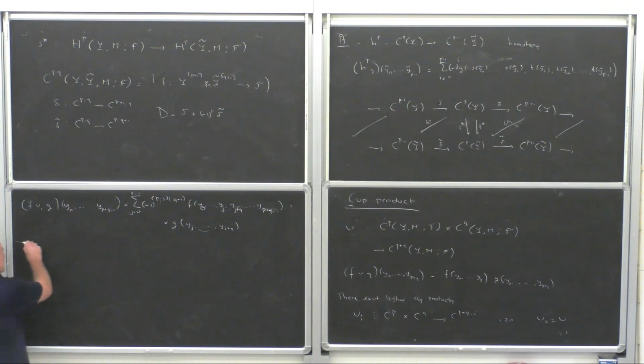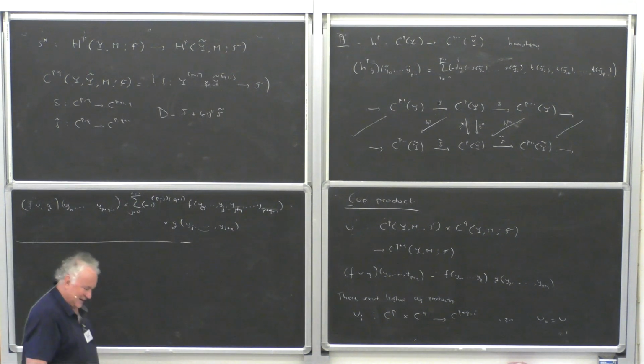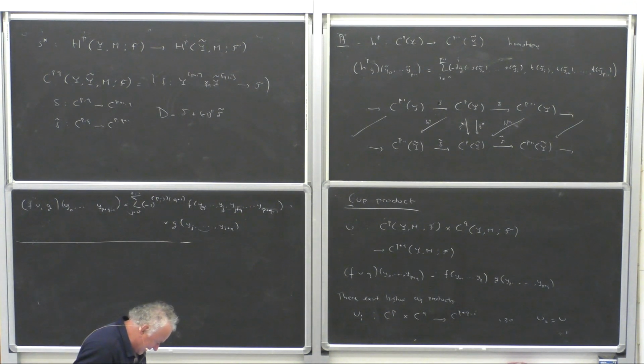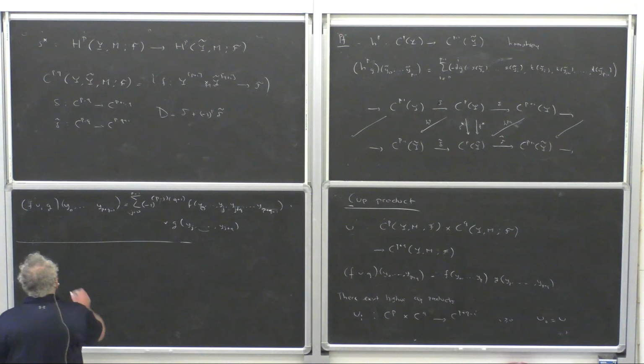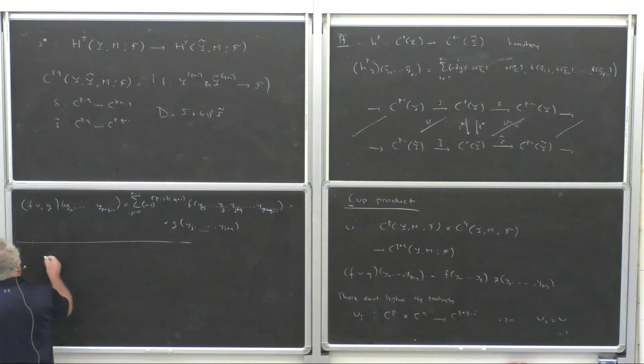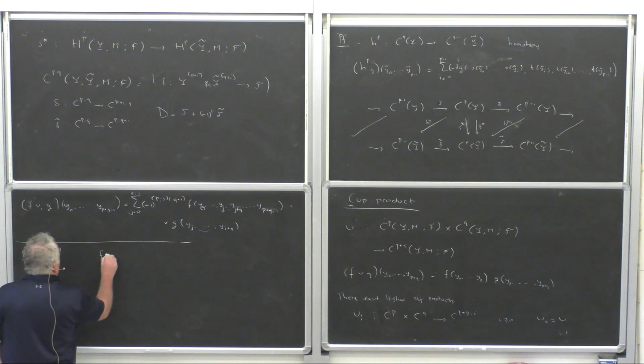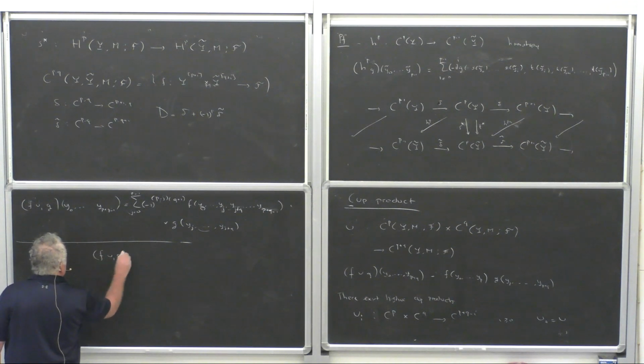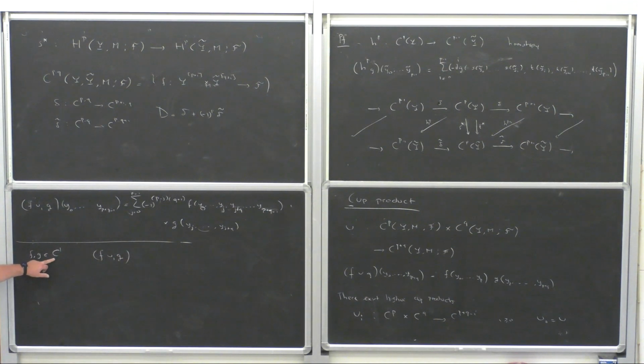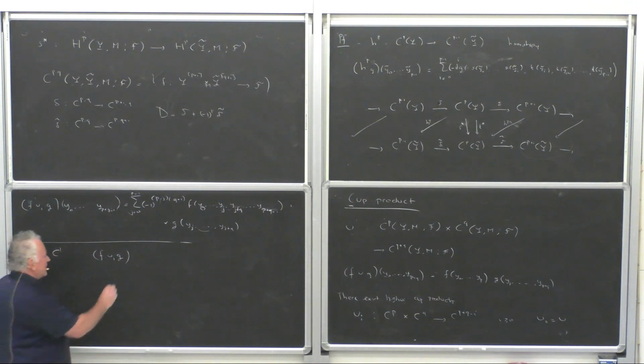But the next formula that I want to write down is very interesting. Or maybe I'll just give you an example. If f and g are elements of C^1, then f cup 1 g should also be an element of C^(1+1-1).